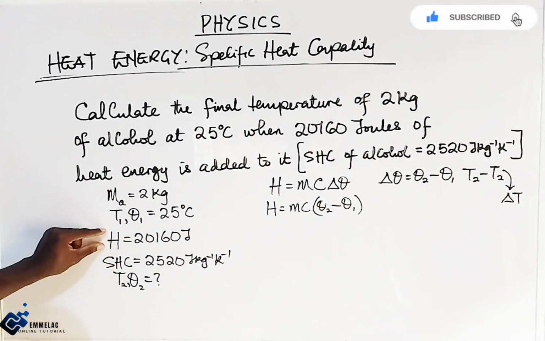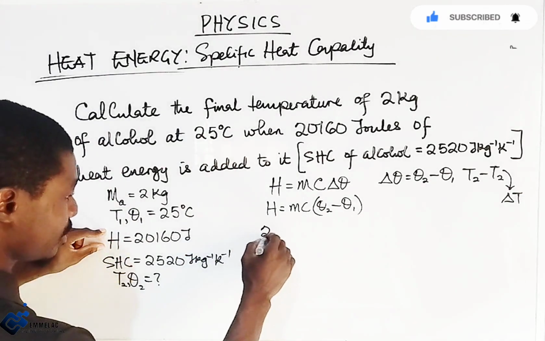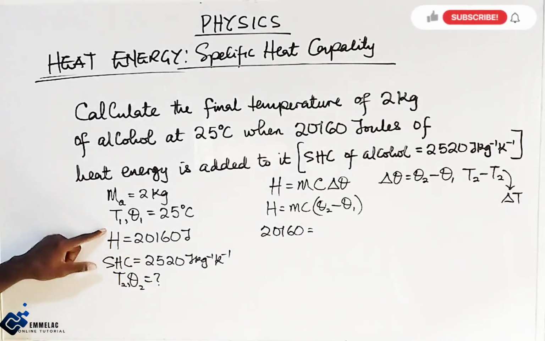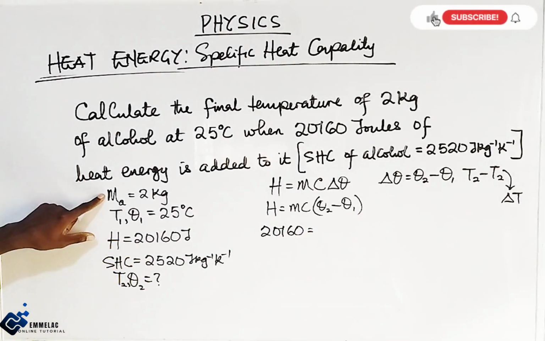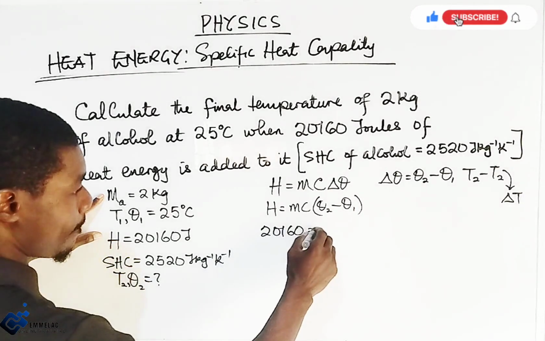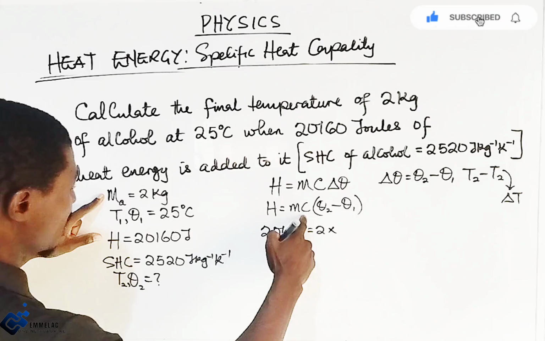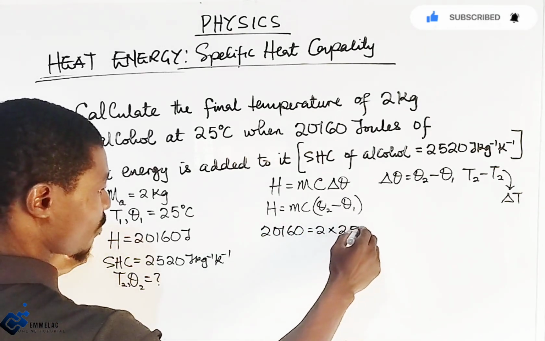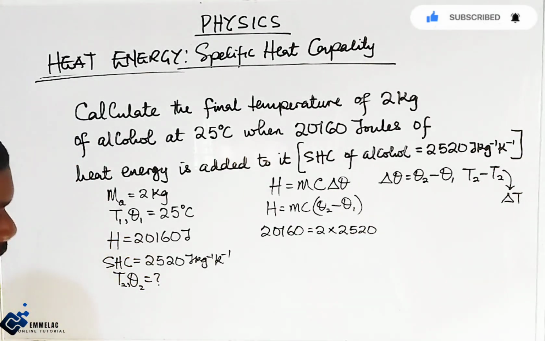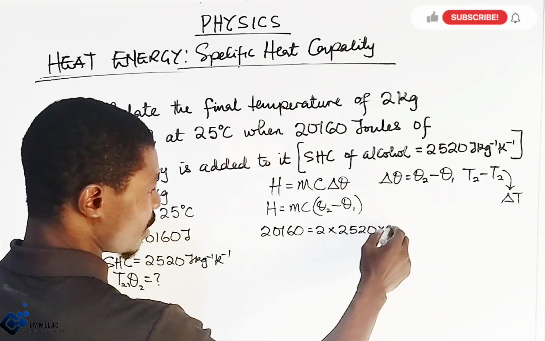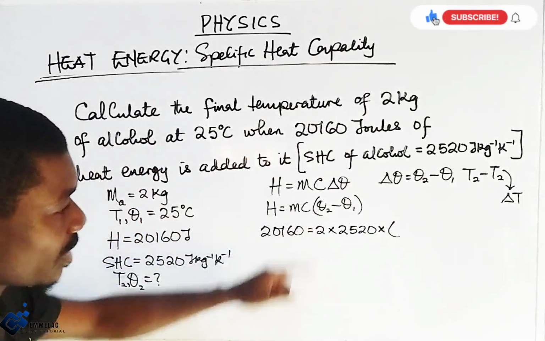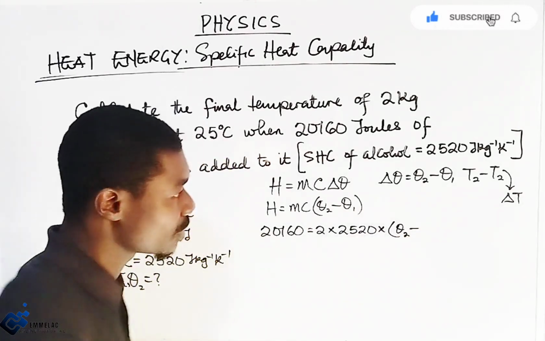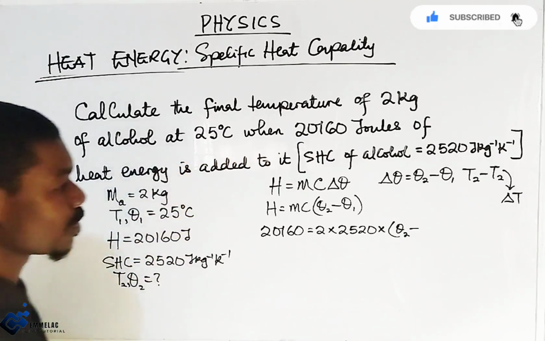Now we're given the heat, you write that out, 20160 equals, now the mass of the alcohol is 2, times the specific heat capacity, which is given as 2520, then times, open parenthesis, the final temperature, which we are actually looking for, theta2 minus theta1, that will be 25.